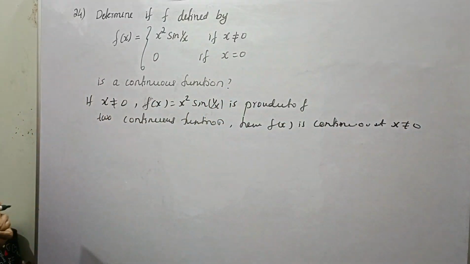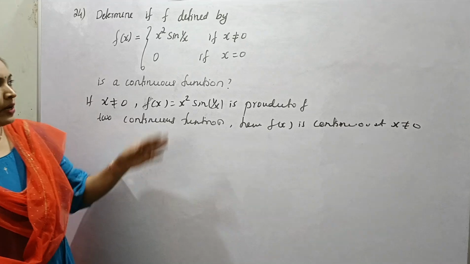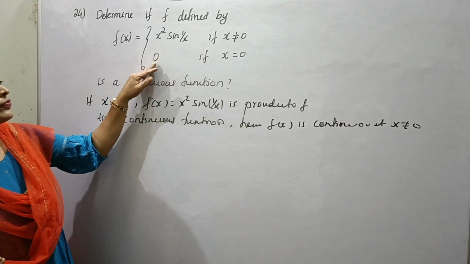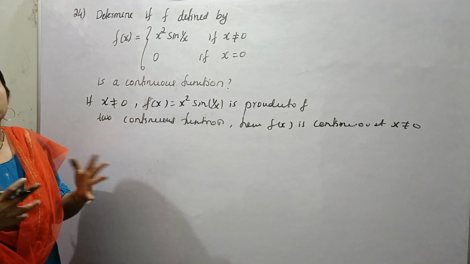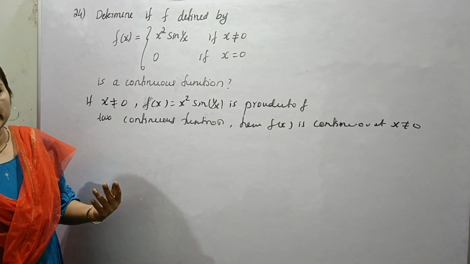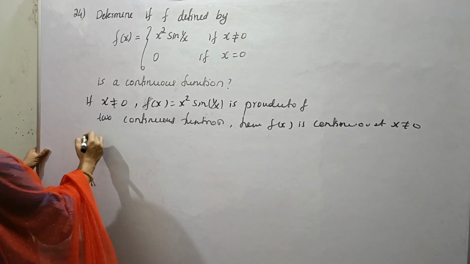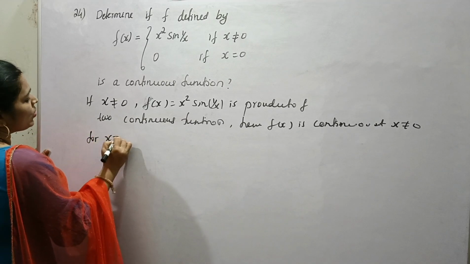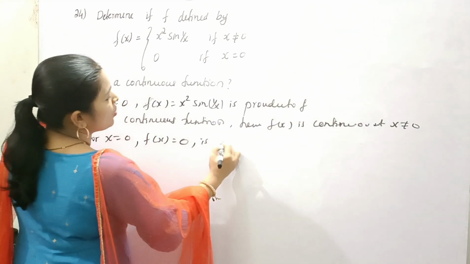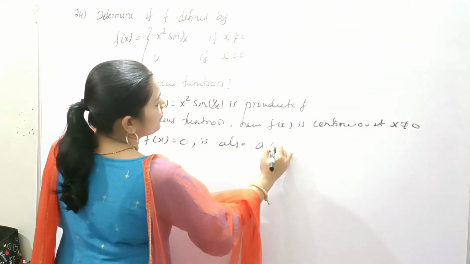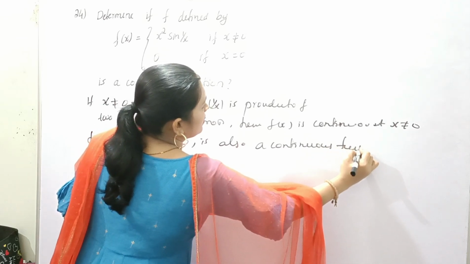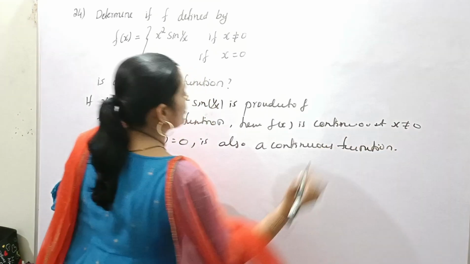Then what about when x is equal to 0? See here, when x is equal to 0, the function is 0. Function is 0 means it's a constant function. A constant function is always a continuous function. So here also, for x equal to 0, f of x equal to 0 is also a continuous function.